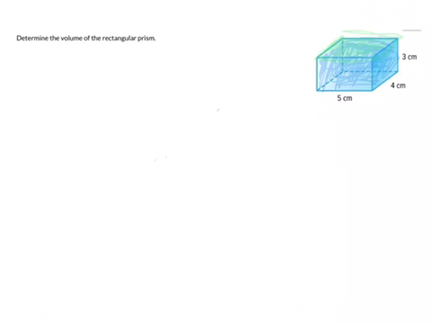First, I know that I'm going to need my formula for area, which is that the area of a rectangle is the length times the width. The length here is going to be 5, because this side is 5, so this one has to be 5.